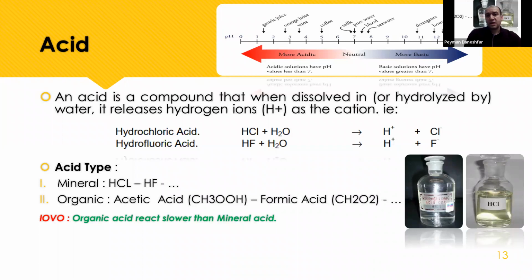In acidizing, two famous types of acid that we use every time are HCl and HF. Both of them are important for us, and we can see them in some next slides.